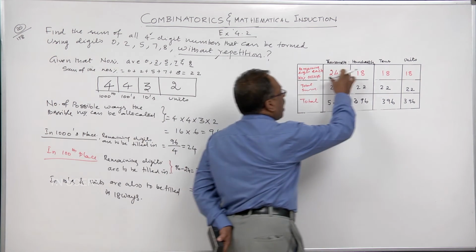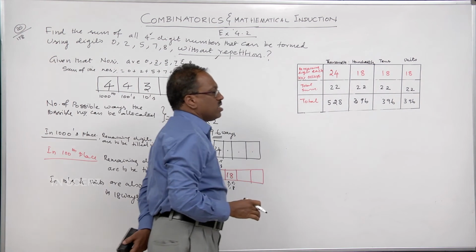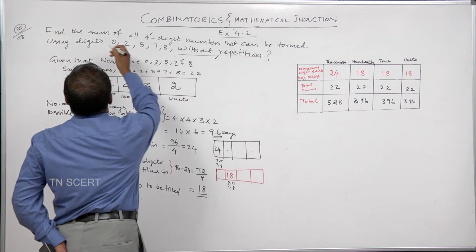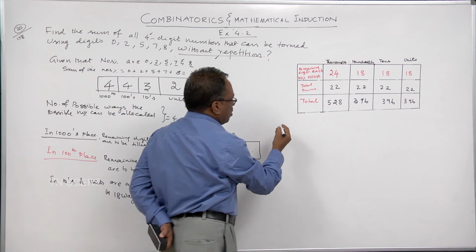Now each part I have defined like this. The question is what? The sum of all 4-digit numbers.